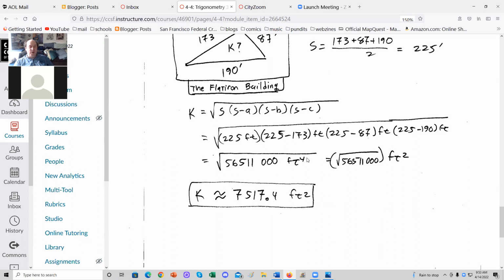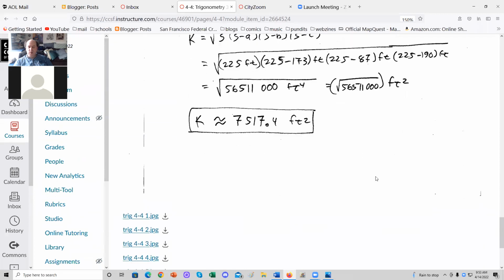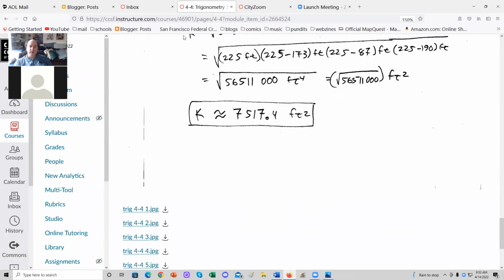I think the Greeks were too concrete minded to ever even consider 4-dimensional objects. Nonetheless, here's a square root of a fourth power, and that's a second power, square feet, as it should be. Root 5751100 square feet, approximately 7517.4 square feet. All right.